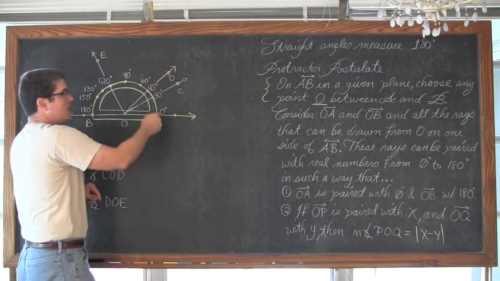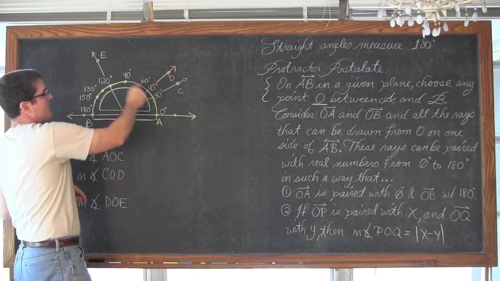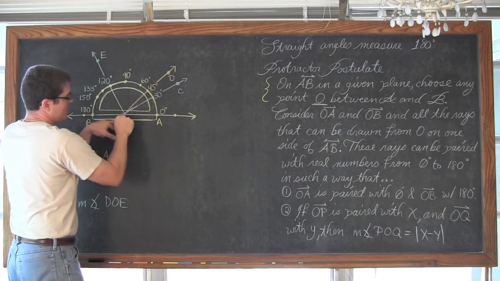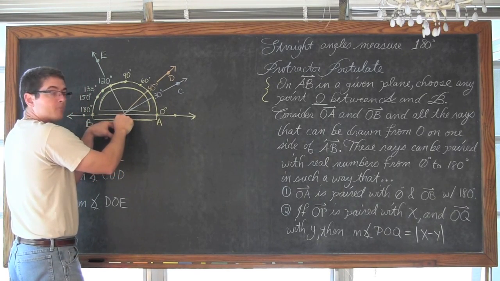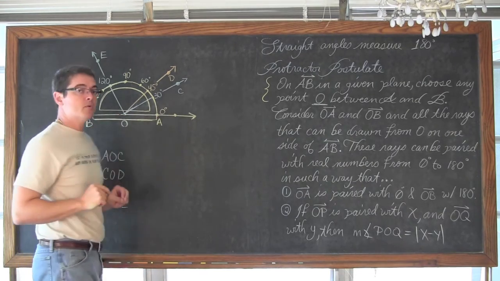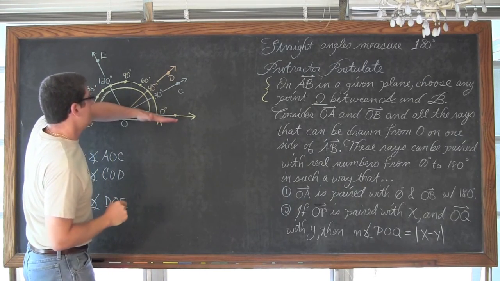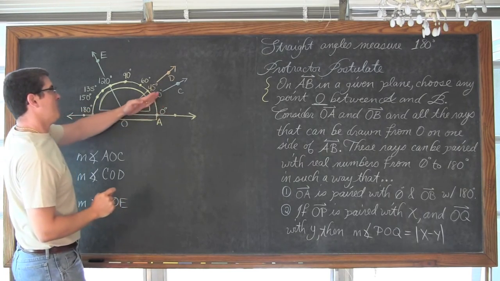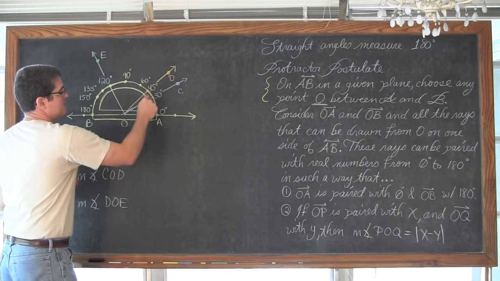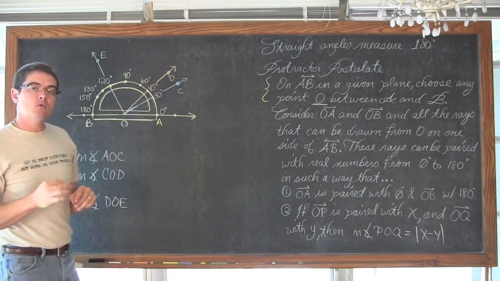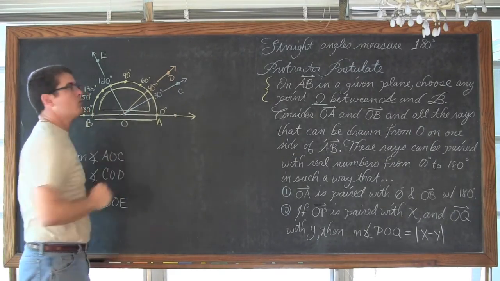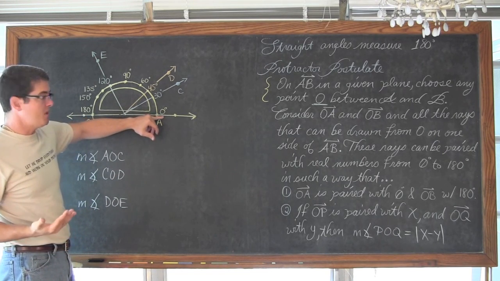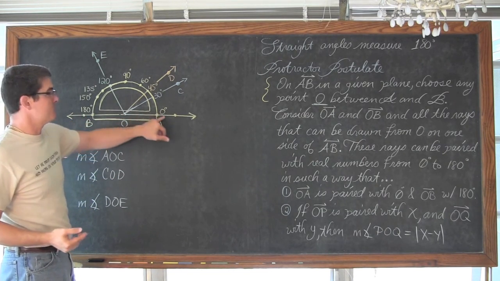There's going to be a whole bunch of little numbers as you go around these arcs, and you want OA to line up exactly with the vertex at the hole on the protractor, and then going through 0 degrees. And then as you see the angle, let's say AOC, open up, you're going to look at what tick mark, what angle degree measurement, the other ray of the angle goes through. So we have one side going through OA, going through 0 degrees.